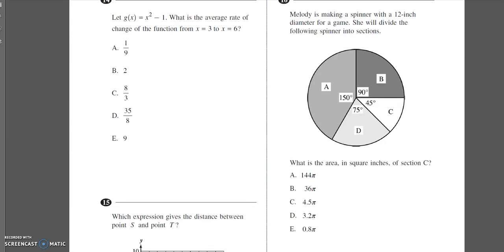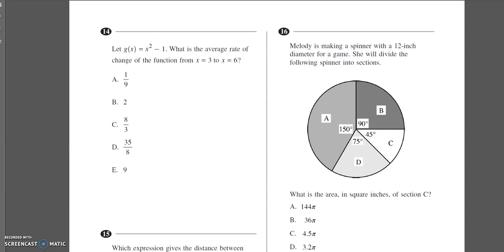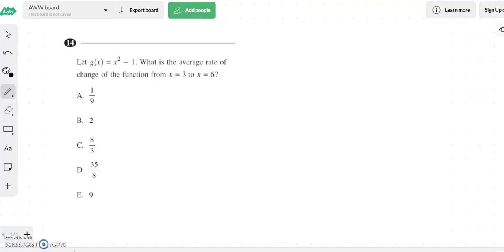So our next problem is a little bit more complicated because it's the average rate of change of a function from x equals 3 to x equals 6. So when we're dealing with the change of a function, what they've done for us here is instead of using the f of x like what we saw earlier, they're using the g of x.